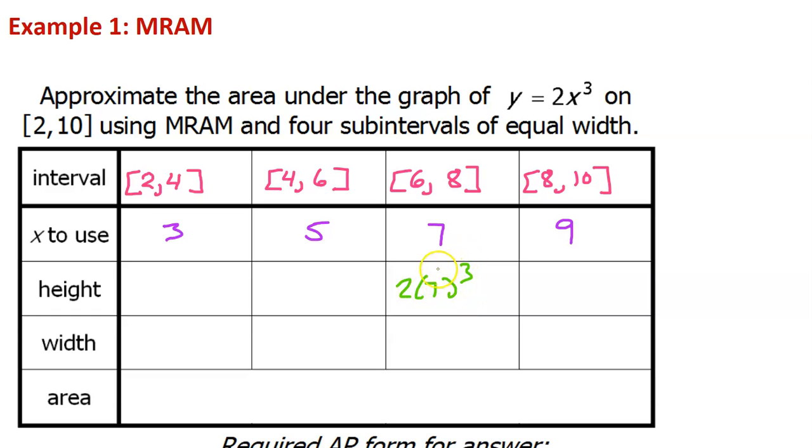Normally I would simplify this, but these numbers are too big, so I'm just going to leave it the way it is. So similarly, the height of the first rectangle would be 2 times 3 to the third power. And the height of the second rectangle would be 2 times 5 to the third power. And the height of the fourth rectangle would be 2 times 9 to the third power.